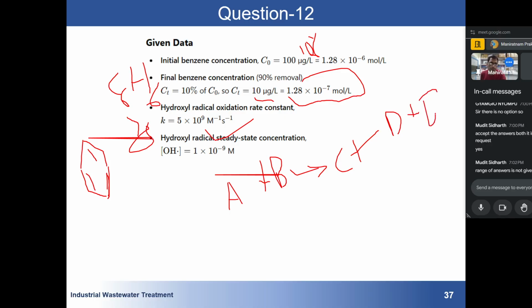Okay, now if you write the rate reaction, how to explain this thing?